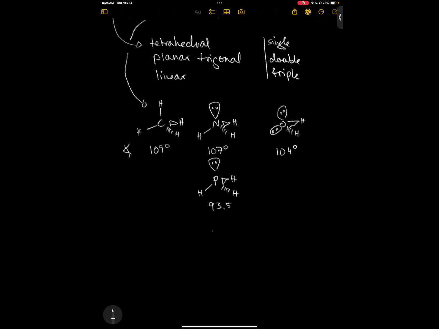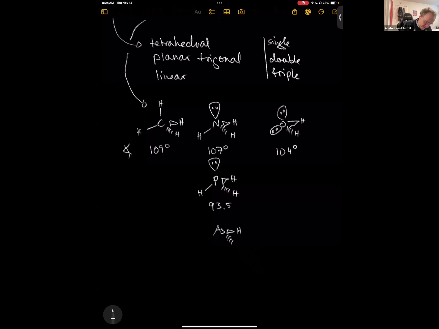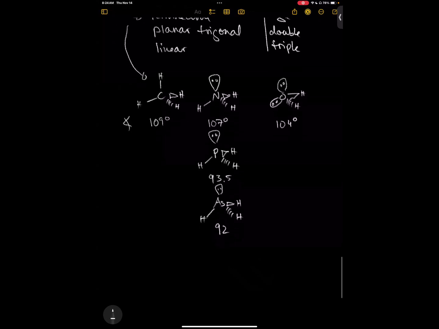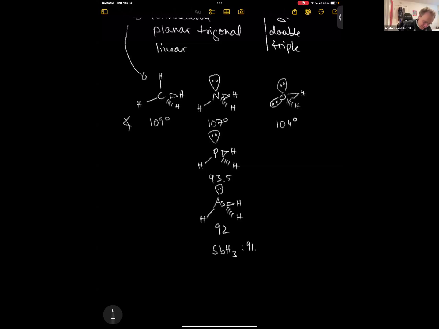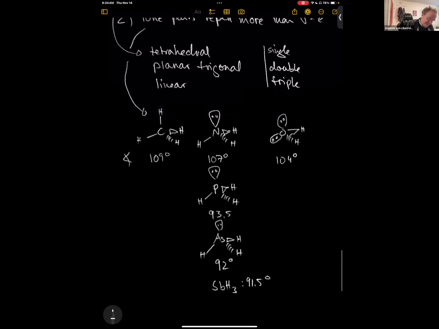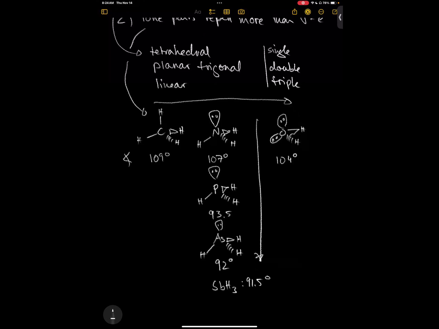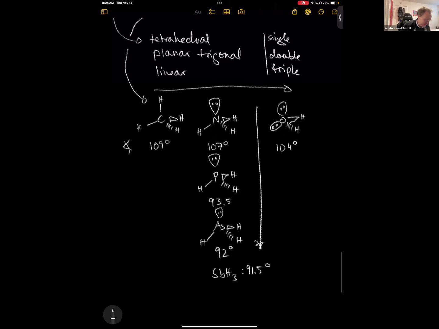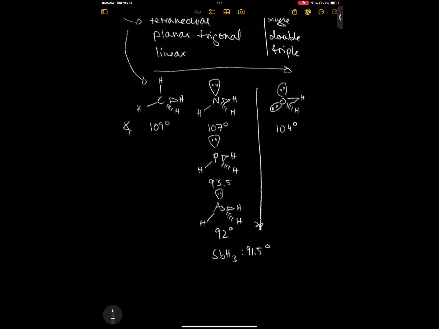If I go further to arsenic, we are at 92 degrees, and in antimony, you'd be at 91.5 degrees. Okay. So this VSEPR rule explains such trends, and it does this in a rather reliable way.